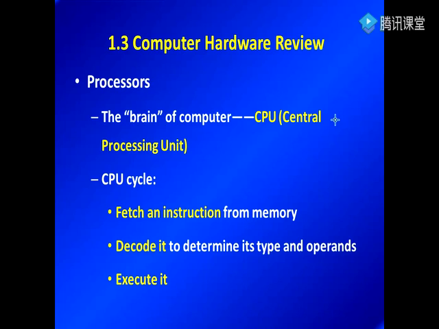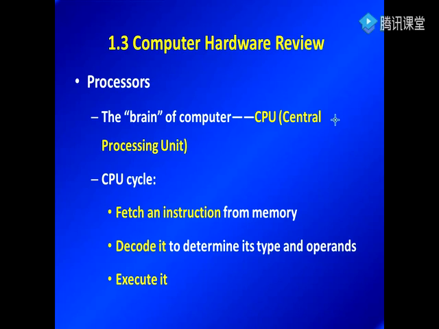Doing things just means running some programs. Of course, it's the CPU. The CPU is the component responsible for executing instructions, and these instructions can be a lot of operations on data.